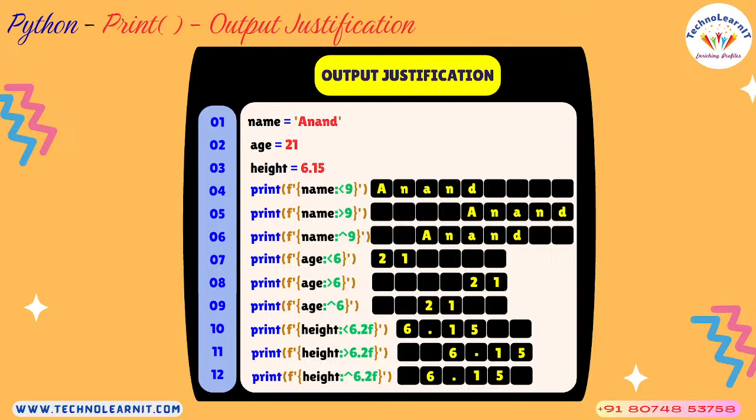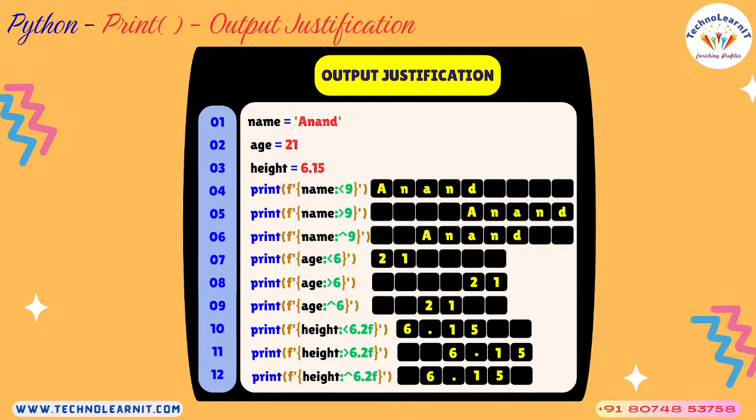So in the first 5 characters, because Anand has 5 characters, it will print in the first 5 spaces, and the next 4 spaces will be blank. Next, if you want to print Anand on the extreme right of your reserved space, you should use greater than. Statement number 5. Statement number 6, if you want to center the output, you should use the cap symbol.